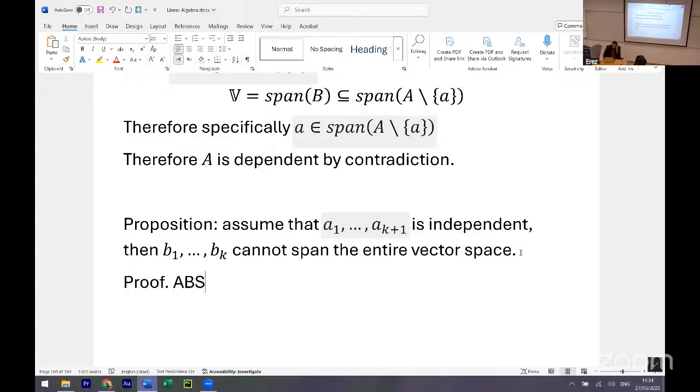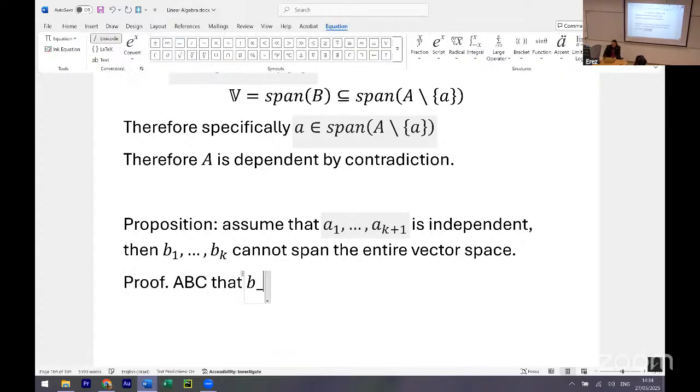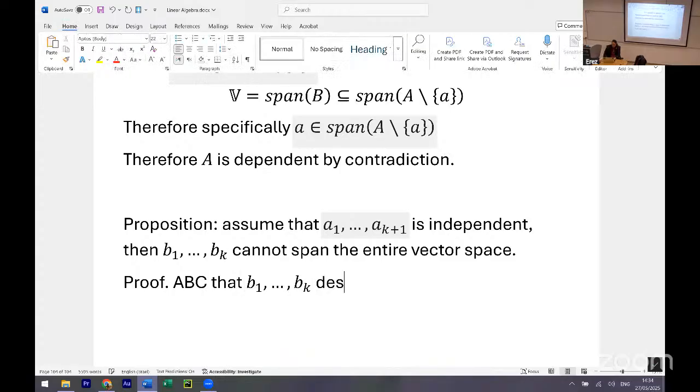Assume by contradiction that B1 to BK does span the vector space.